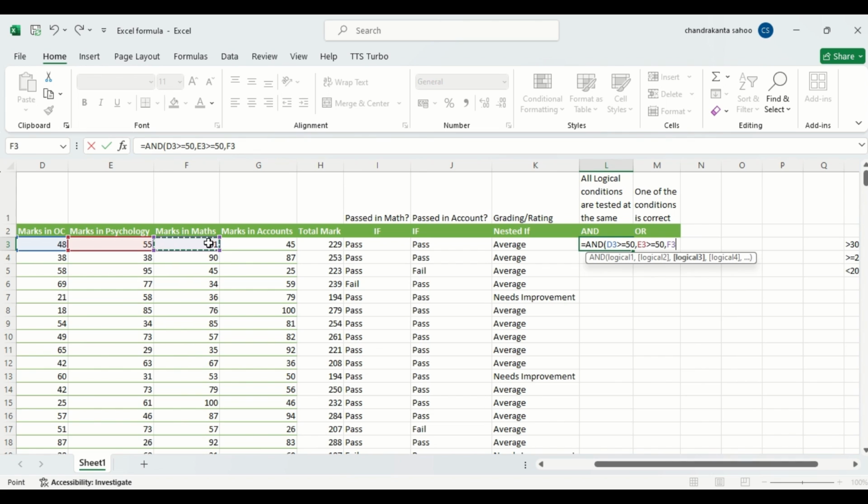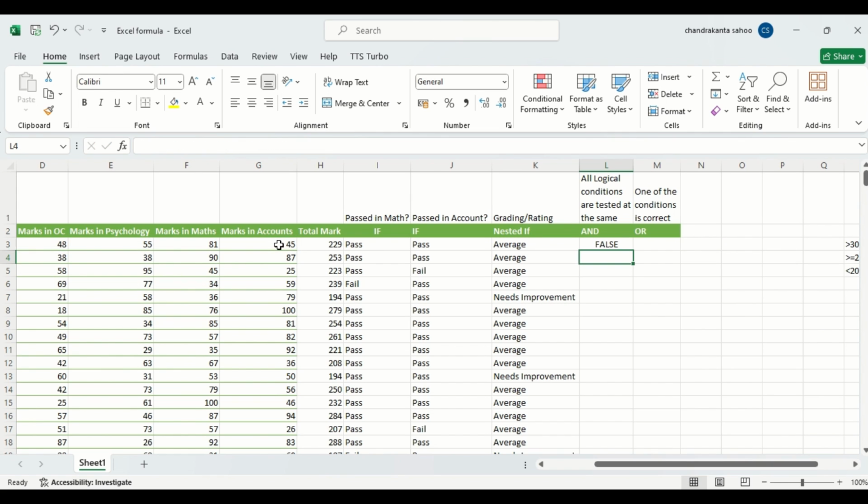If this is also greater than or equal to 50, this is the third condition. We have four subjects, and comma is the separator. Then if this is also greater than or equal to 50, bracket close, because we have four subjects' marks.